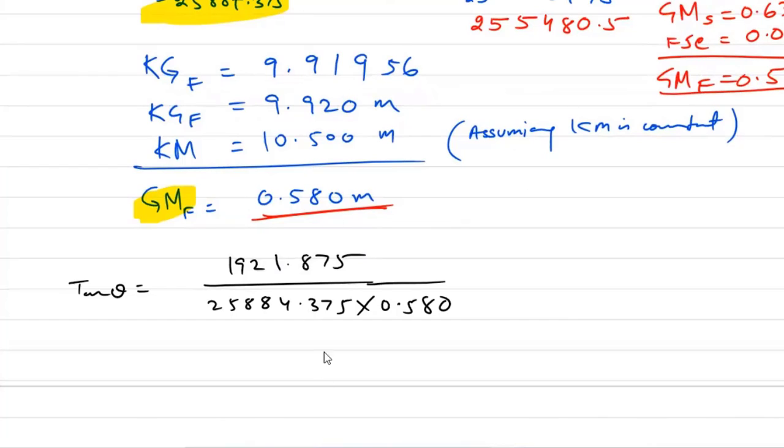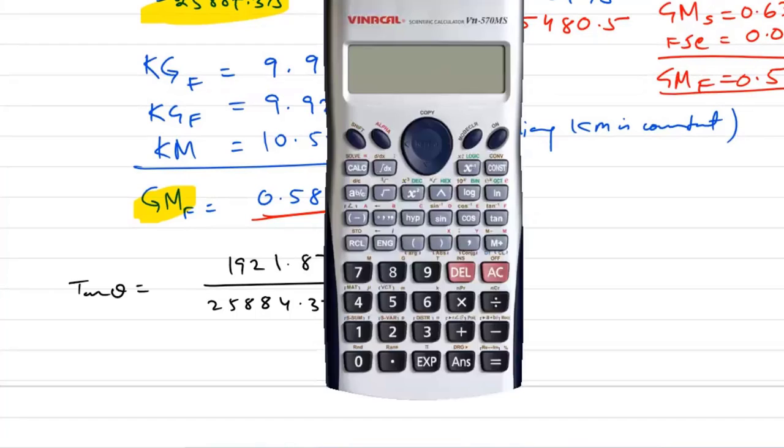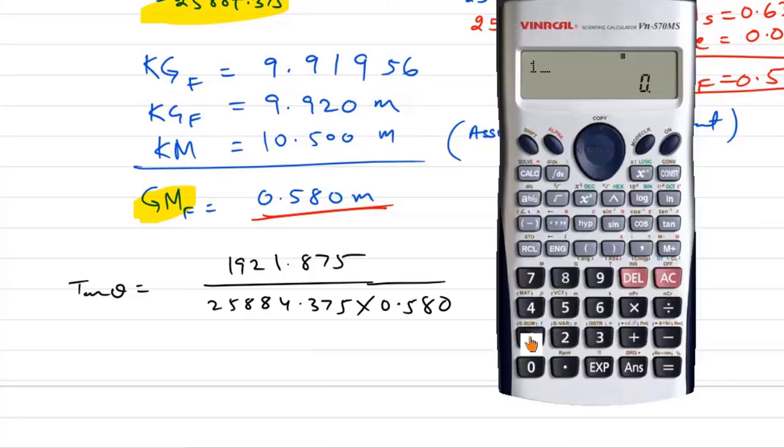So tan inverse. I need to use this calculator because the other calculator is giving problems. 1921.875 divided by, start bracket, 25884.375 into 0.58, bracket close.